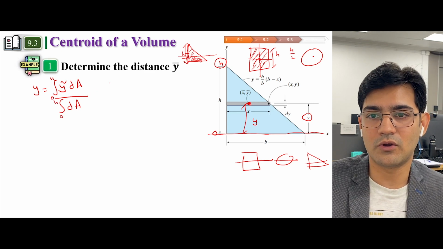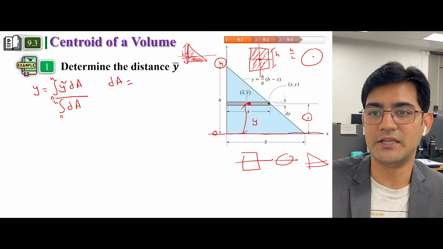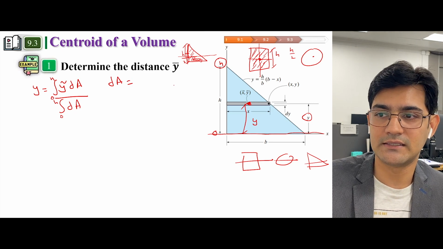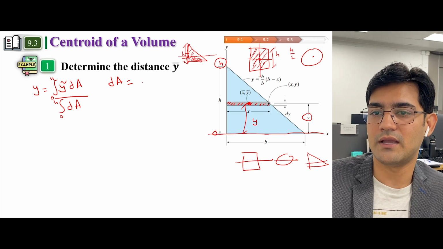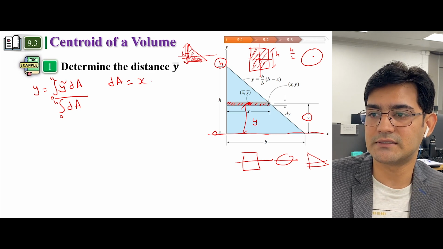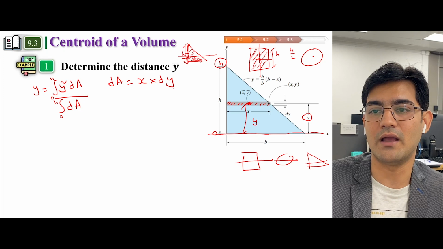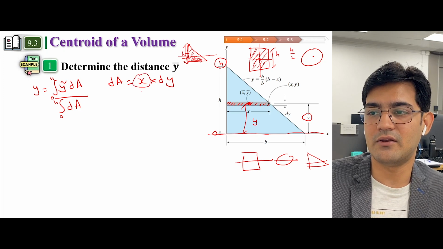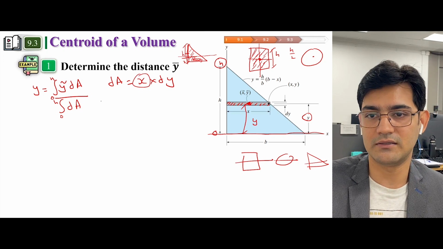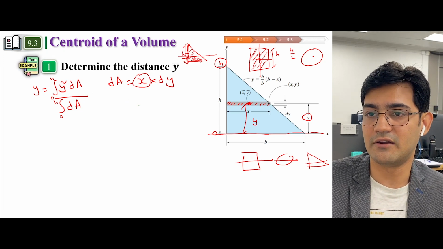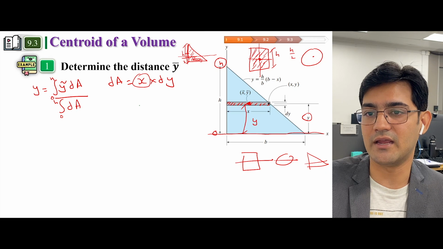Now what we need to know is this dA. This is the dA part. Area is length, which is x, times height, which is dy. So if we can know x, then we can put it here, and then we can calculate the centroid distance of this triangle.